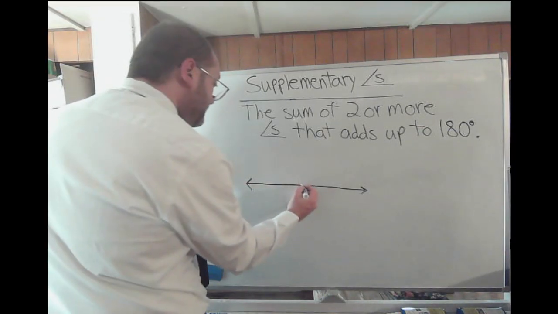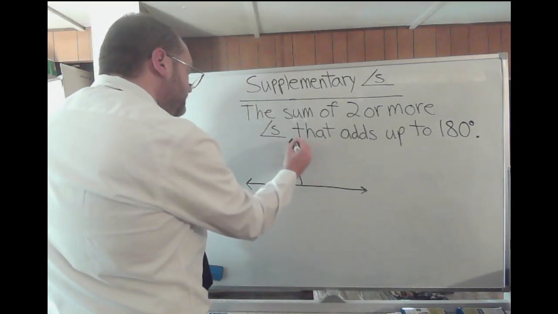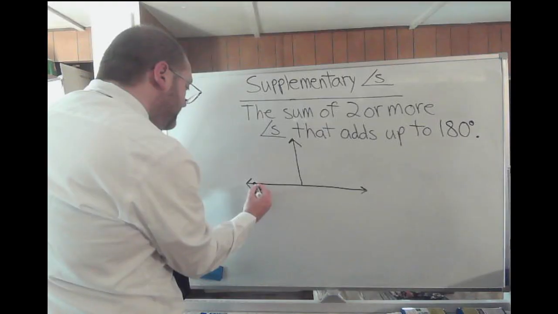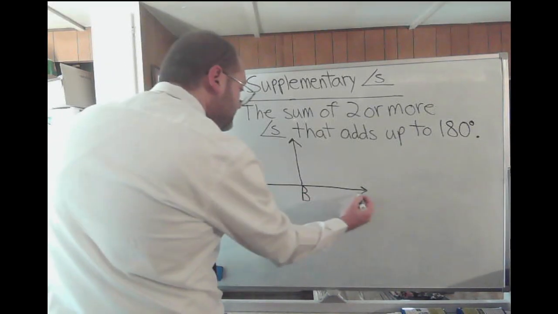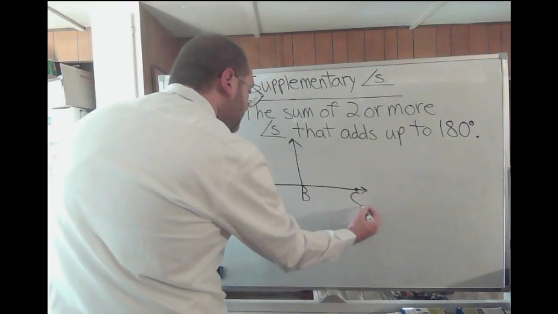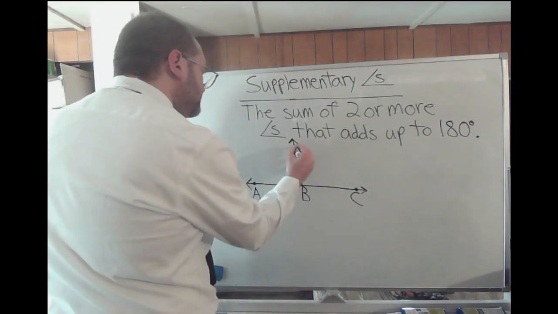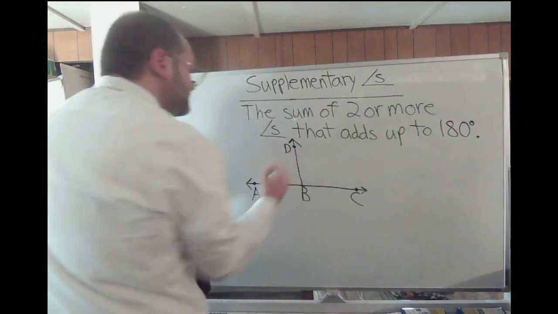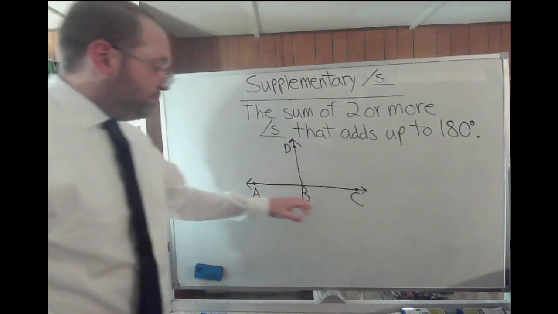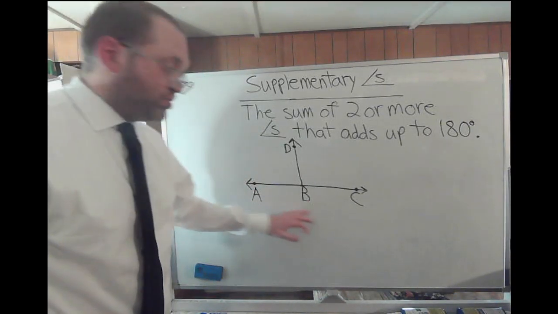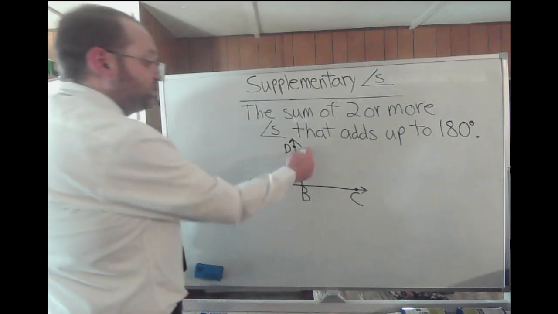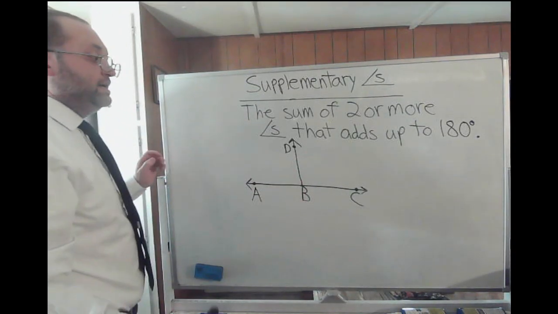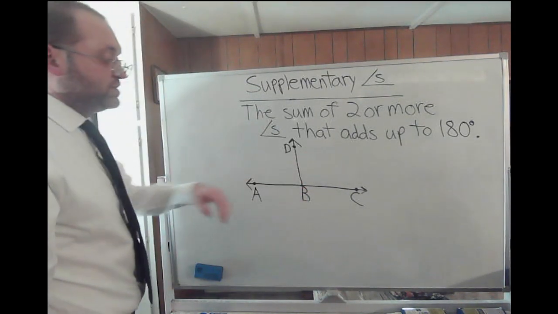Let's say I'll put A here, B here, C here, then I'll put D here. All right? So angle ABC, that's a straight line. Well, ray BD intercepts angle ABC to form two angles.